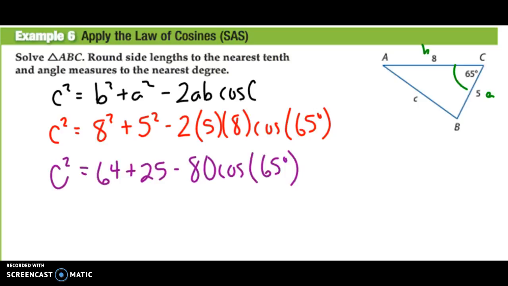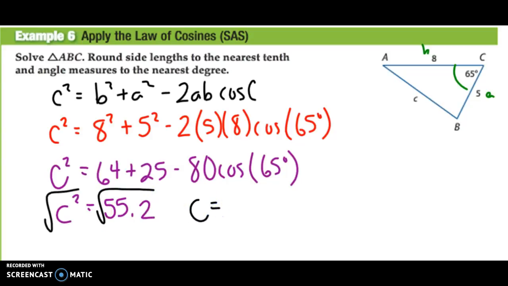Simplify it even further. Doing this on my calculator, c squared is approximately 55.2. To figure out what c is, I take the square root of both sides, and I find that c is approximately 7.4. So now we know what c is, 7.4.